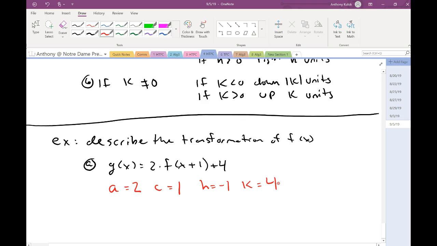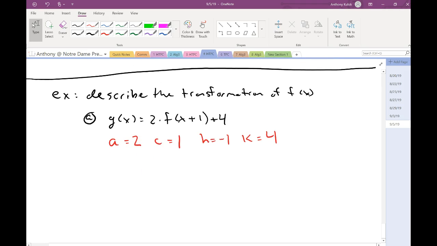So I'm going to use these values and that sixth set of criteria above to describe this transformation. The way that I'd like you to do that is we're just going to number this 1, 2, 3, 4, 5, 6, just like the sixth set of criteria that we listed above. And if criteria 1 is satisfied, we'll say what it does.